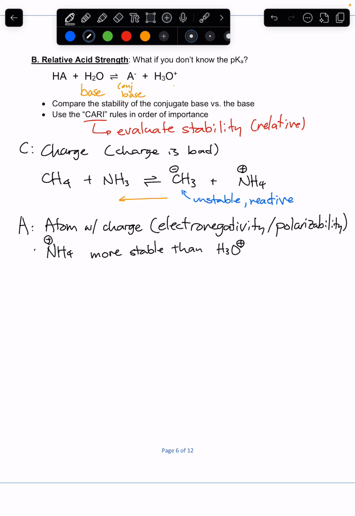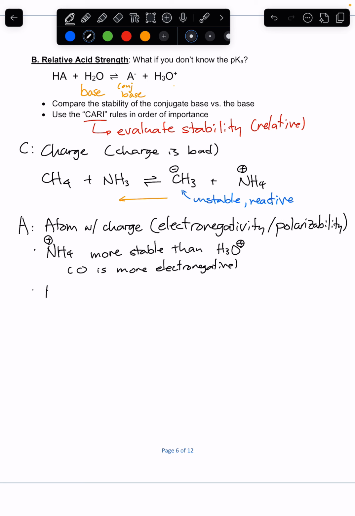Why is that? Well, oxygen is more electronegative. Right. So that's kind of the stuff we mean.